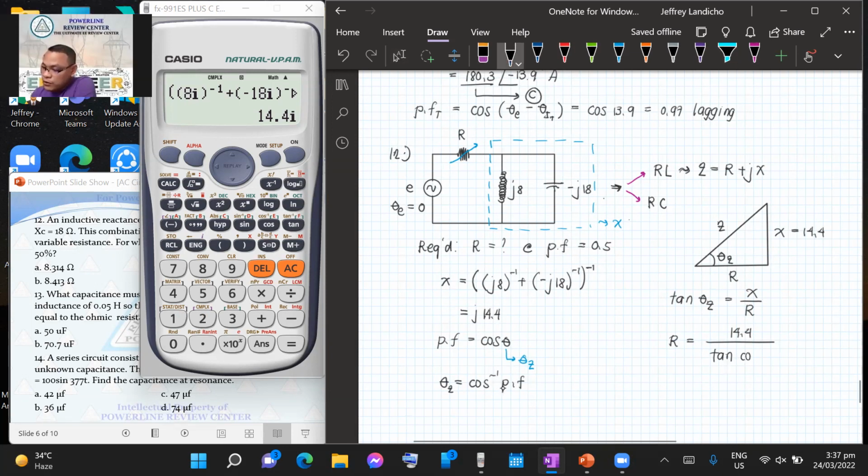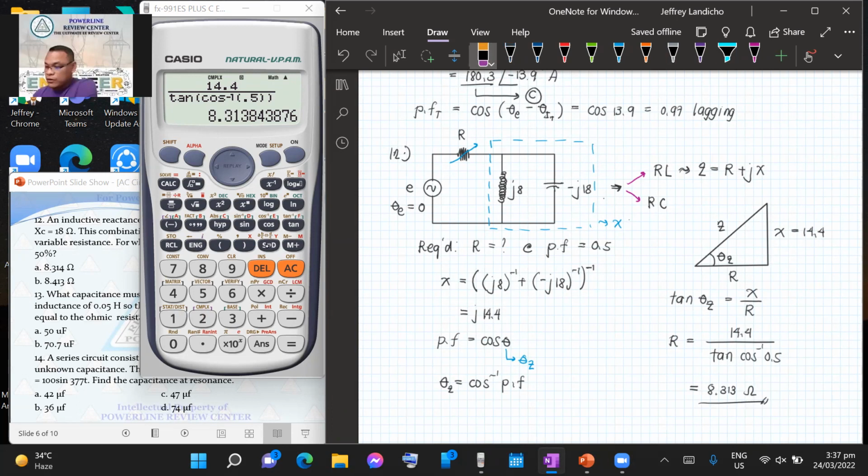So tangent of arc cosine of 0.5. Meron na tayong required resistance so that the power factor will become 0.5. So you have 14.4, divide na lang natin kay tangent of arc cosine of the power factor, which is 0.5, equal. So the required resistance should be 8.313, anong unit? In terms of ohms.